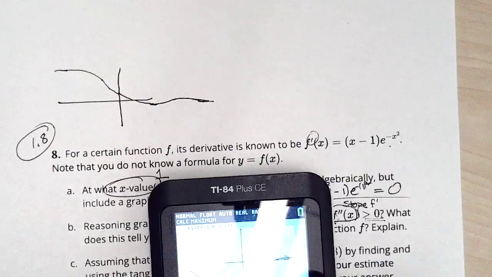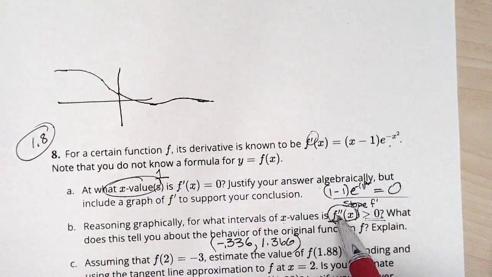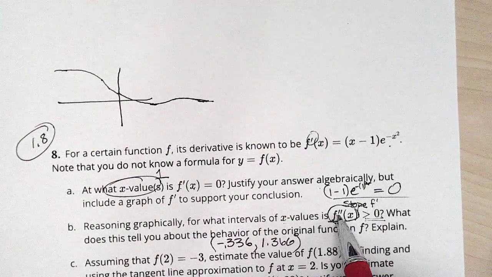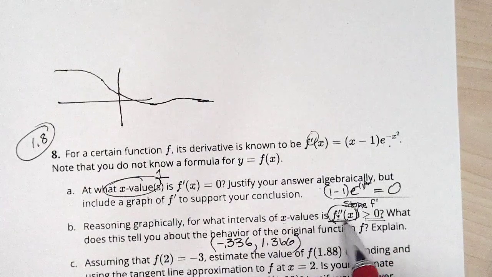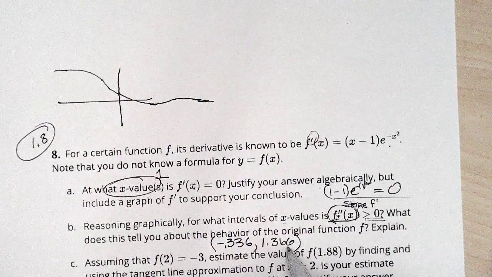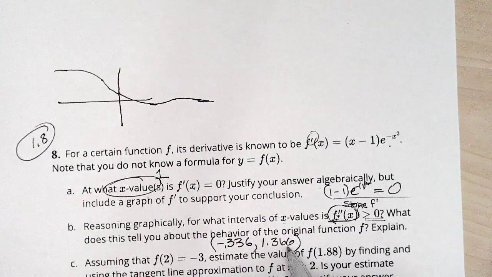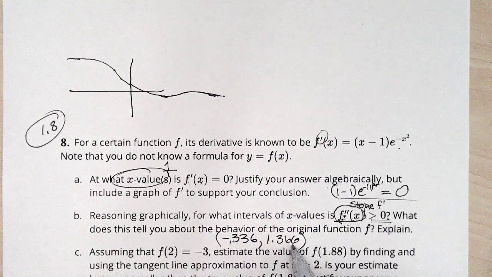That's when the slope of this is positive, and so that means that's when the second derivative is positive, because the slope of the first derivative is positive, the second derivative is positive, and that means the curvature of the original graph is concave up.